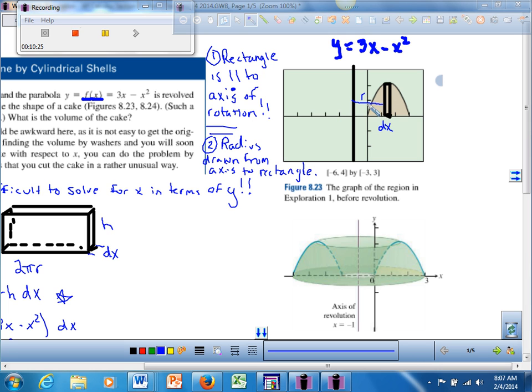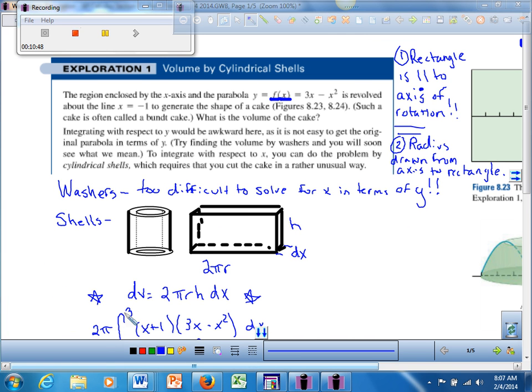And then we'll always have that distance from the origin to the axis. So that's where the x plus 1 comes from. The 2 pi comes from the circumference of one shell, when we rotate the rectangle and flatten it out, this is the circumference of the shell, 2 pi r. Yeah? Okay. Anything else on this?